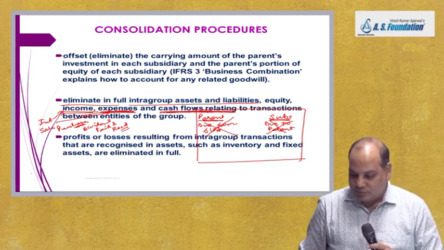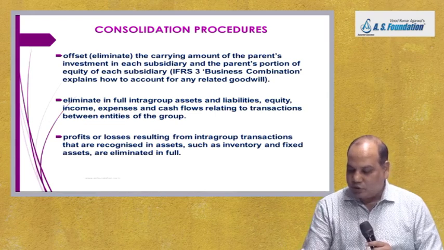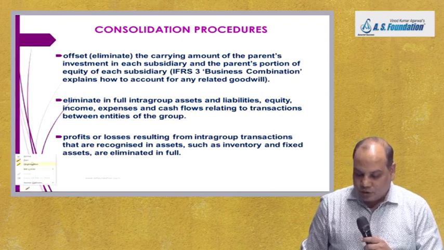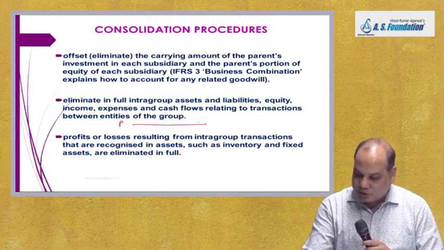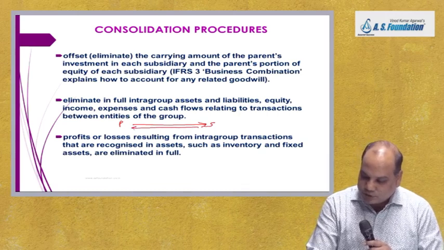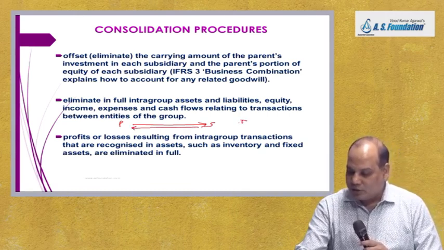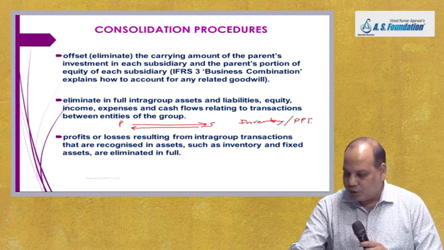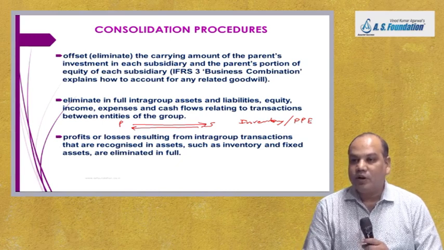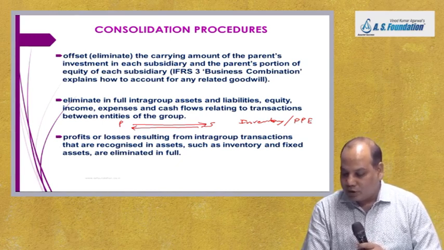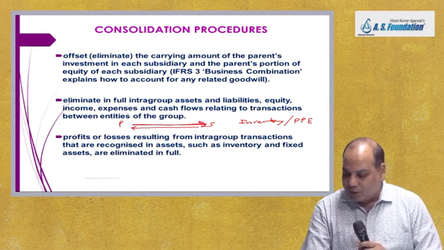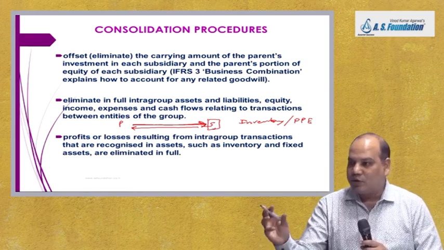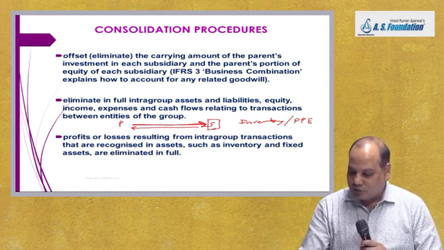Profit or loss. Now one more thing we will do, which we will call elimination of unrealized profit or loss. When the parent sells to the subsidiary or the subsidiary sells to the parent, either inventory or PPE, then if the stock or the PPE remains unsold, it may include unrealized profit or unrealized loss.